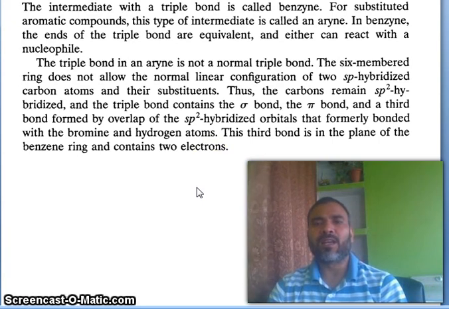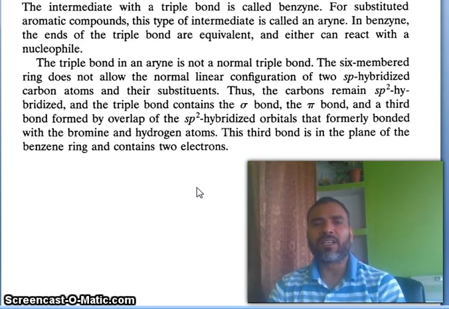Thus, the carbon remains sp2 hybridized and the triple bond consists of the sigma bond and pi bond, and a third bond formed by overlap of the sp2 hybridized orbitals that formerly bonded with the bromine and hydrogen atoms. This third bond is in the plane of the benzene ring and contains 2 electrons.